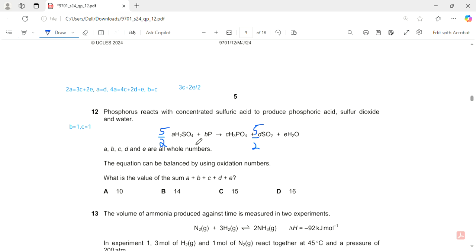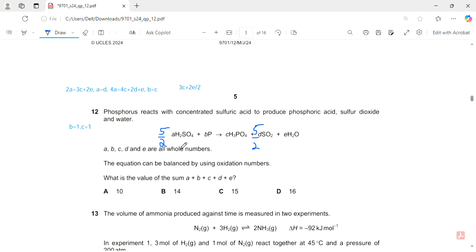So can we check if the equation is balanced or not? 5 upon 2 and 2 hydrogens, 3, I think it's 5. If we cancel 2, there are 5 hydrogen, so 3 into 5, yes, hydrogen is balanced now. What about the sulfur? Sulfur is also balanced. Oxygen, yes, oxygen is also balanced.